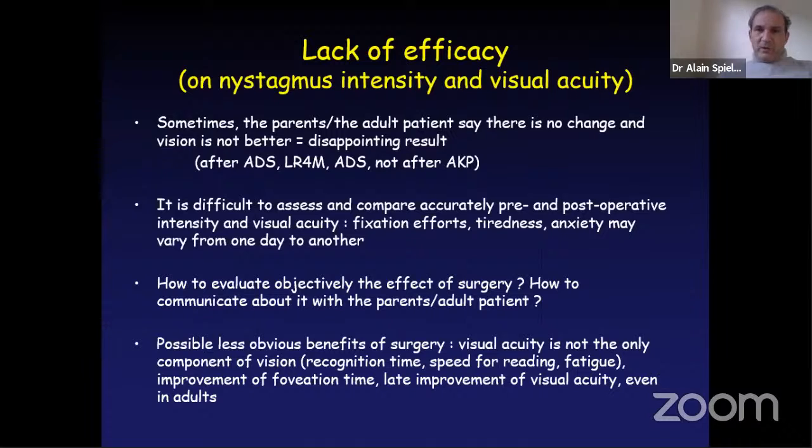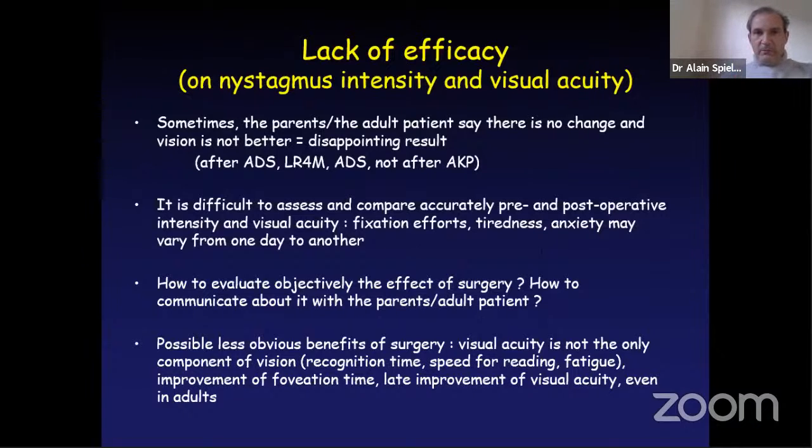So let's start with lack of efficacy, which is seen not only after Anderson-Kestenbaum surgery, but also after artificial divergent surgery or large recession of the four horizontal muscles. I think there is never a total lack of efficacy if you do a Kestenbaum surgery, because you will always have efficacy on the head turn.